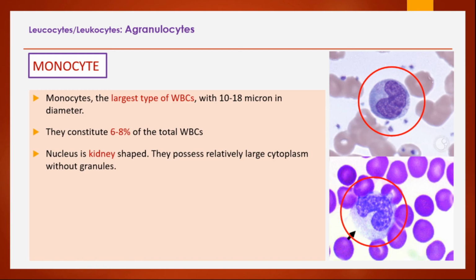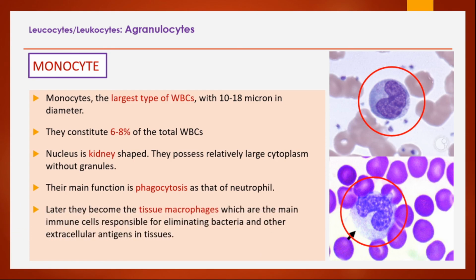They possess relatively large cytoplasm without granules. Their function is also phagocytosis, similar to that of a neutrophil. Some of the monocytes become the tissue macrophages. Macrophages are the main immune cells responsible for eliminating bacteria and other extracellular antigens in tissues.